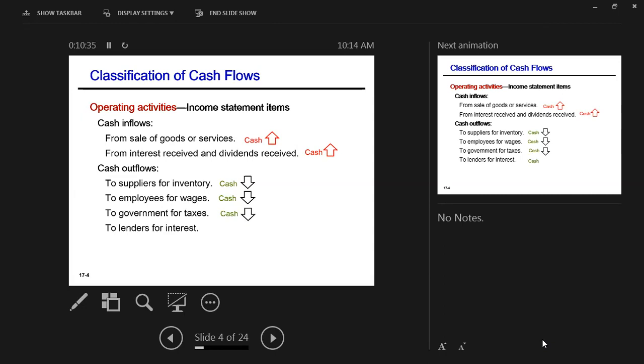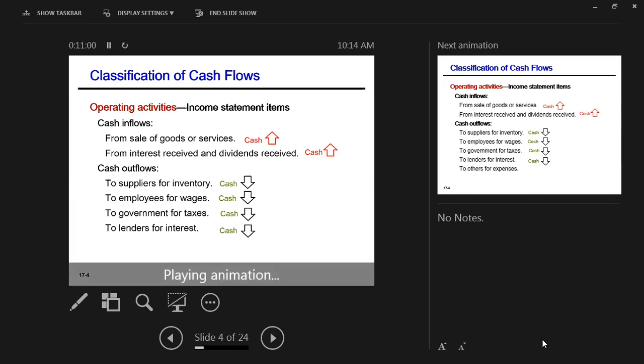Then if we pay interest, it is our interest expense, and if we paid cash, cash outflow. So if you receive interest, you can see that here under cash inflow. If you receive interest, it is your revenue, and if you pay interest, it is your expense. And here we pay cash, so cash outflow.